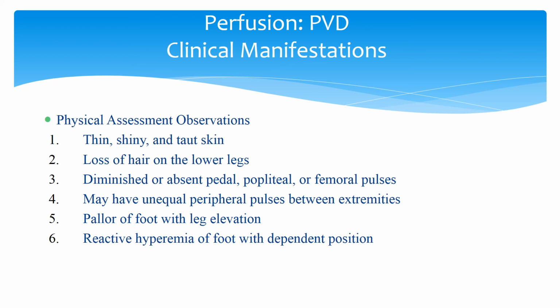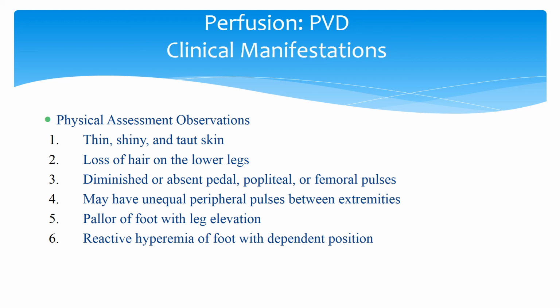Okay? So patients usually with peripheral artery disease really have tight, shiny skin, and they don't have that much hair. Hair follicles need that perfusion to grow. And so if they're not meeting that, then you're not going to see hair growth in that area.